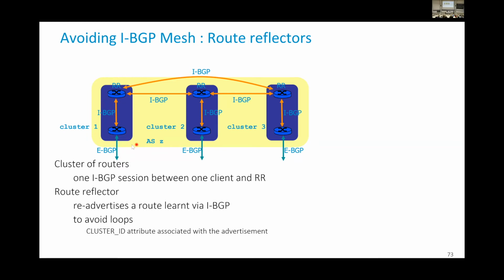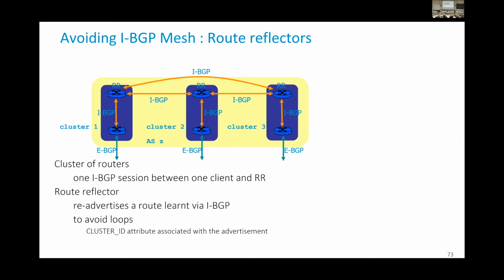So you cluster your BGP routers, and inside the cluster, all BGP routers use the route reflector as a central system to which they bring their BGP announcements. So if this eBGP announcement is learned from this router, it will be passed to this route reflector, and all other BGP routers in this cluster will receive it from the route reflector.